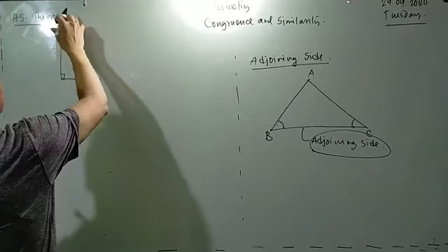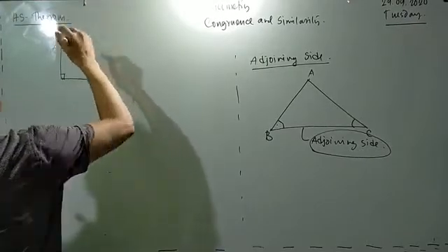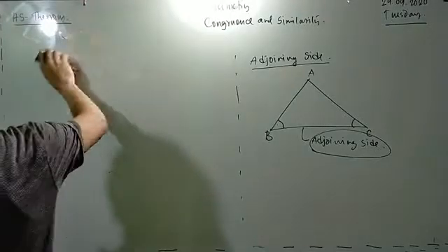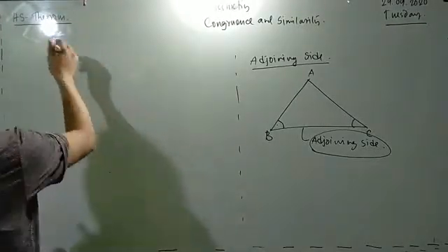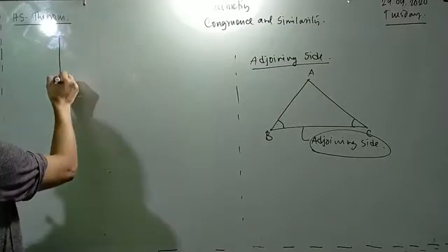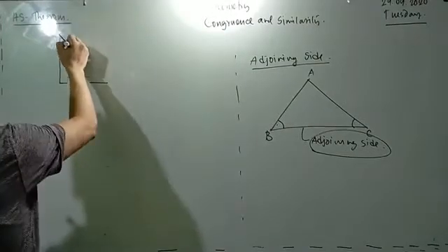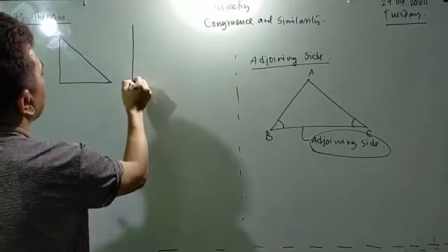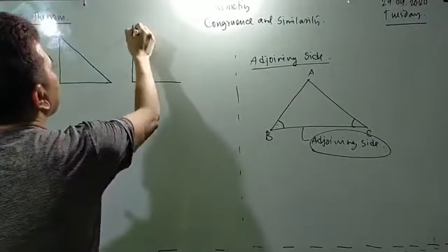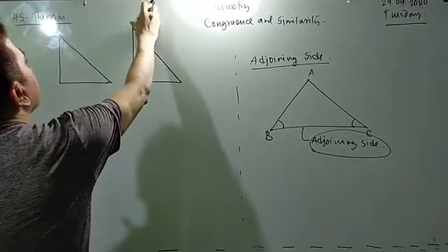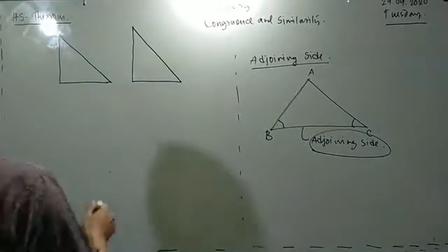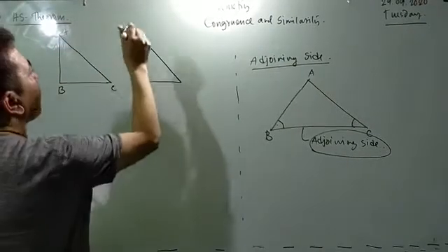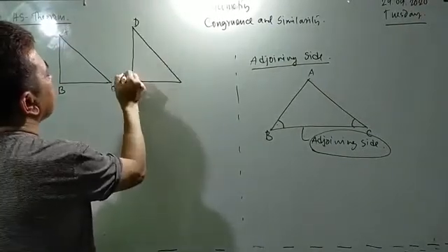So this is ABC, and I'm drawing again, ABC, this one, and another one is this one. It's looking almost the same. So A, B, C, and D, E, F.